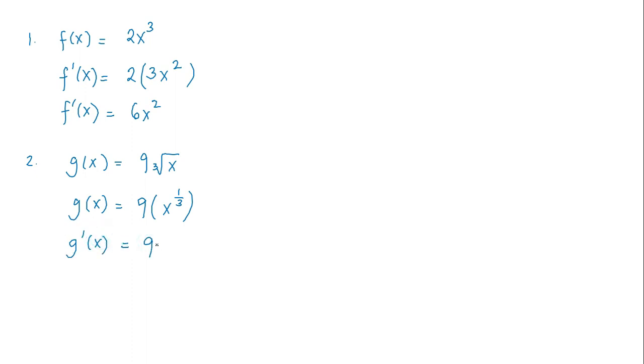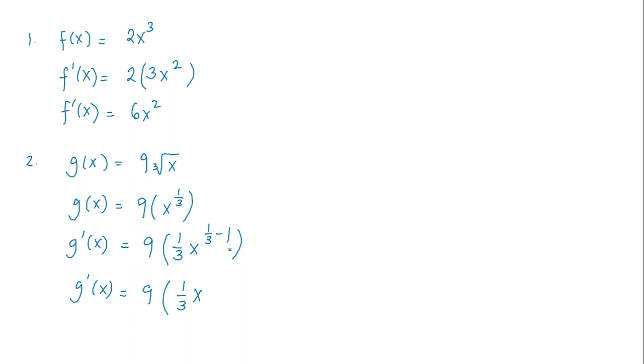Kokopyahin lang natin yung 9, and then ibababa natin yung 1/3, and then babawasan natin ang isa. Okay? 1/3 minus 1. So we have g prime of x is equal to 9 times 1/3 x. So 1/3 minus 1. So 1 will become 3 over 3, right?